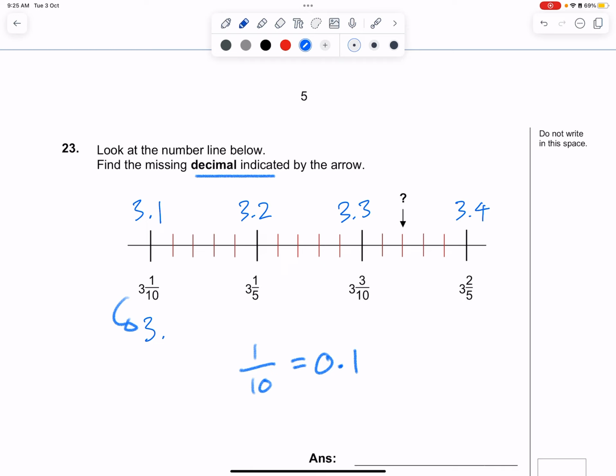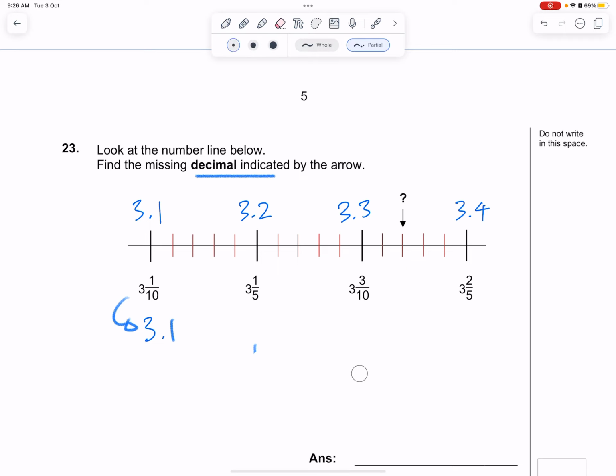Why? You shift the decimal place by 1 because there's only 1 zero. So from here you shift it to the back, it becomes 0.1. So 3 plus 0.1 becomes 3.1.